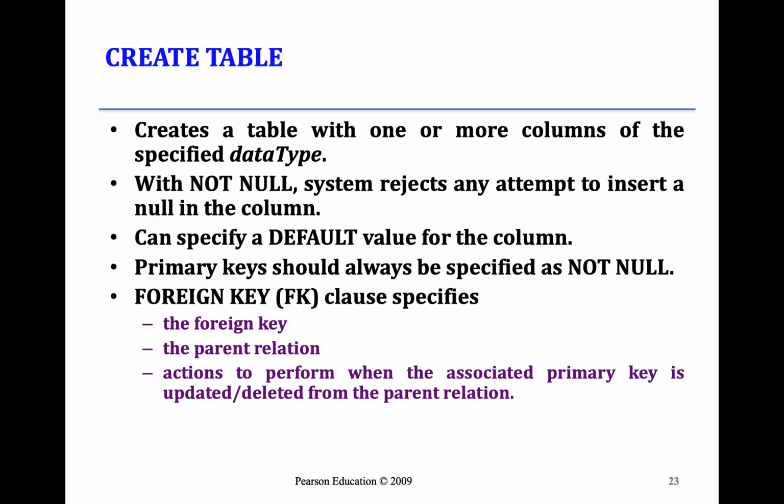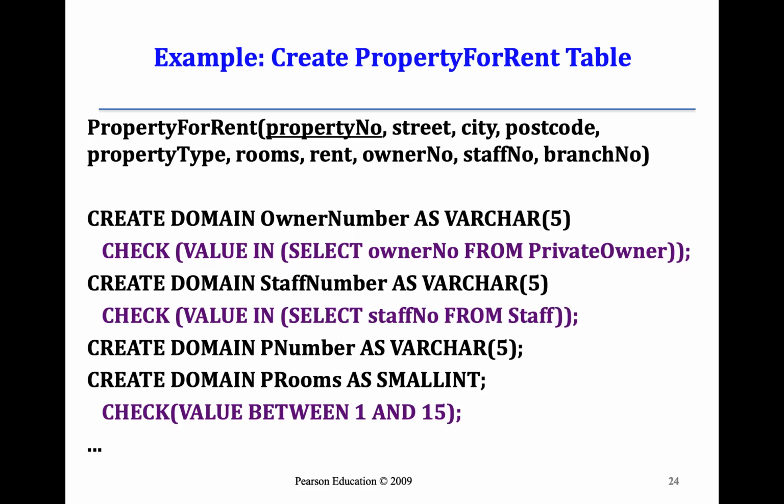But here is an example, and I know I'm about to run over by a minute or two. I will just give this example and then I will wrap up. So the property for rent relation has a primary key, which is property number. It has a street, city, postcode, property type, and so on. I'm first going to create a number of domains, one for the owner number, so that I only use valid owner numbers.